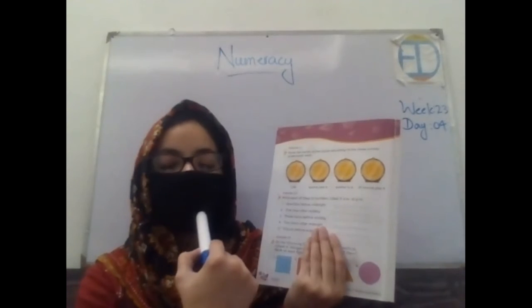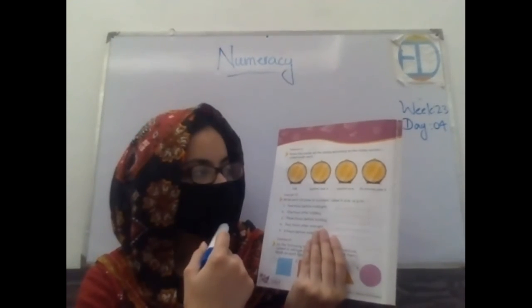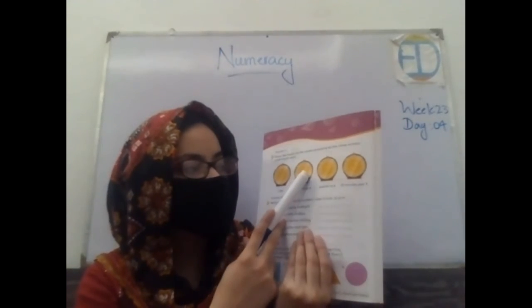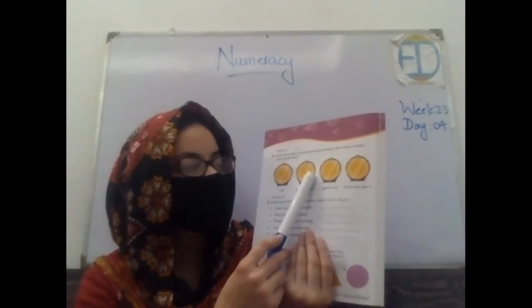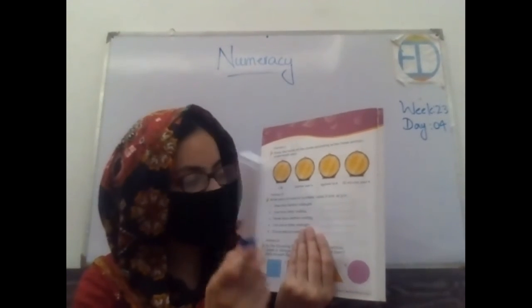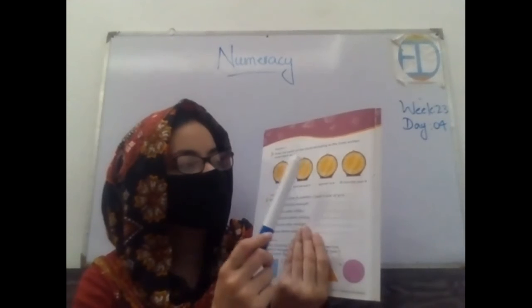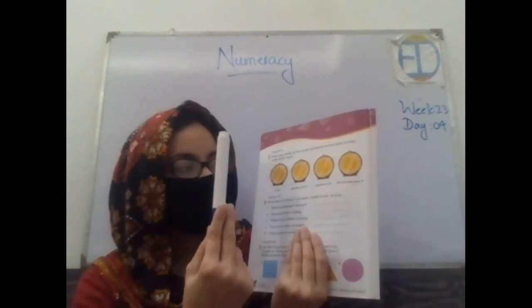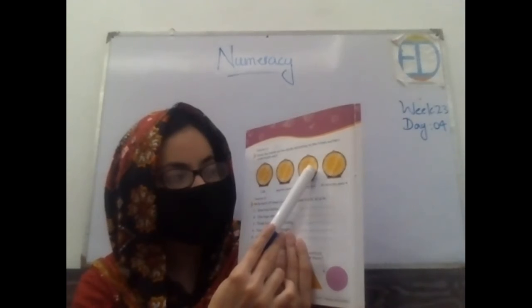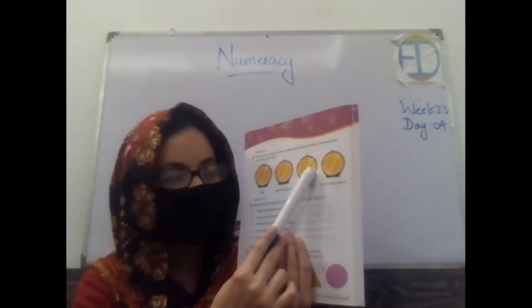Quarter past 4 means that the hour hand would be pointing toward 4 and the minute hand would be pointing toward 3. Very good. Quarter to 4 means that the hour hand would be somewhere in between 3 and 4.